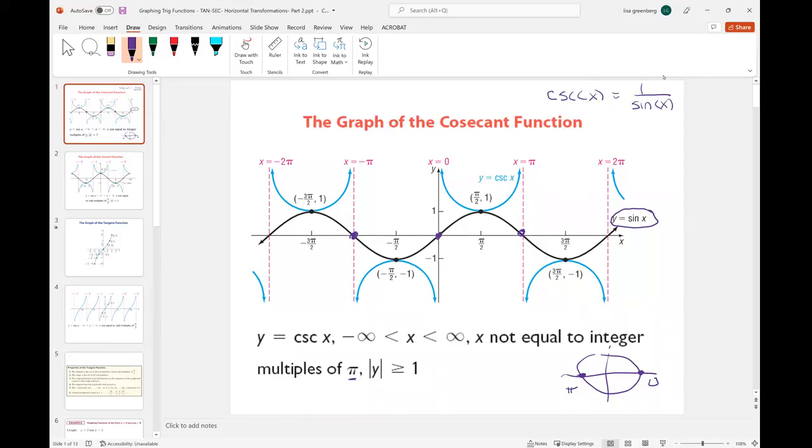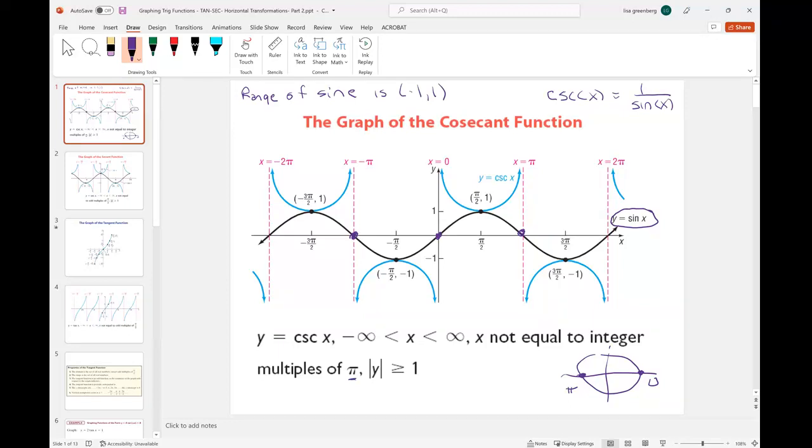Well, if you think about what's happening, everything on the unit circle, what's the range for the sine of x? Negative 1, 1. Yes. So the range of the sine function is from -1 to 1.